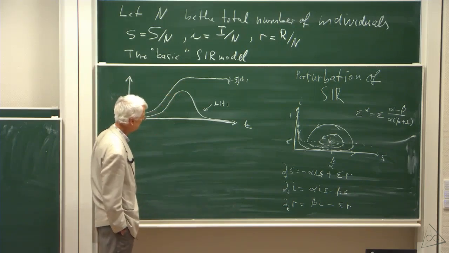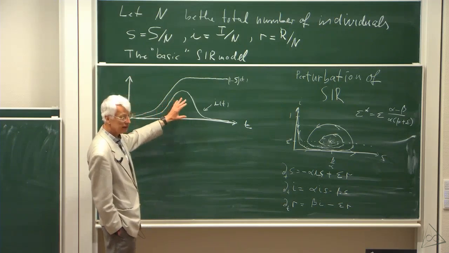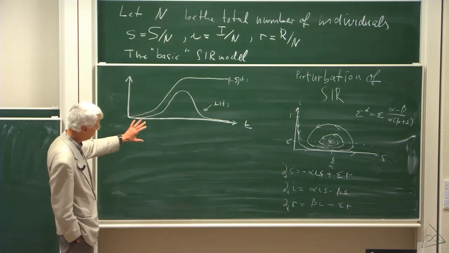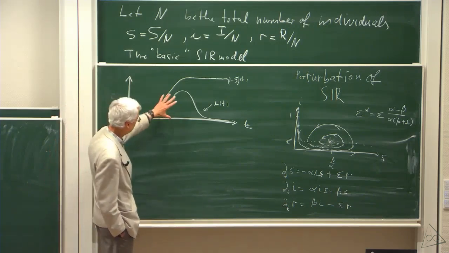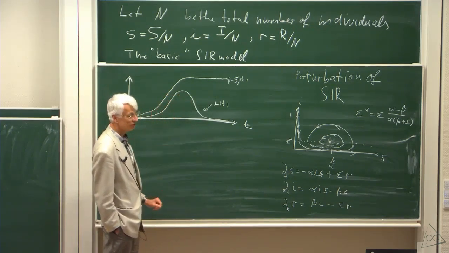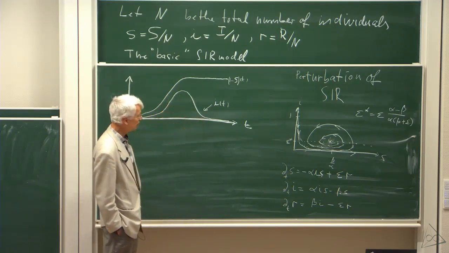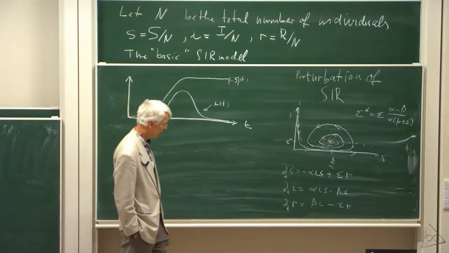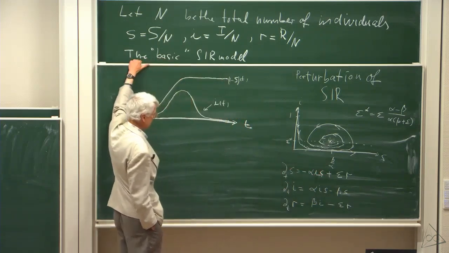Later on, I will explain why, unfortunately, there are defects in the model which make this simple relationship not quite so simple. It is not quite so simple to look at the graph that you see here and get the corresponding herd immunity factor beta over alpha.